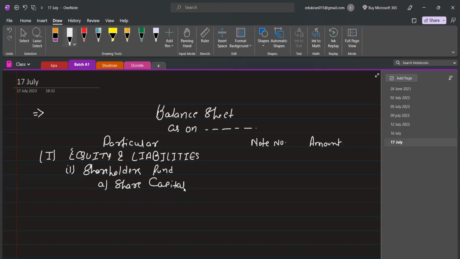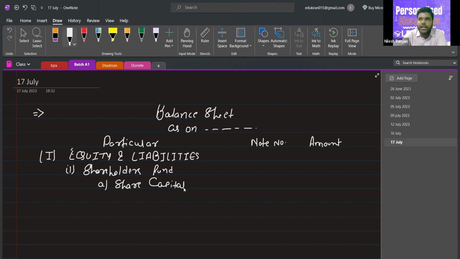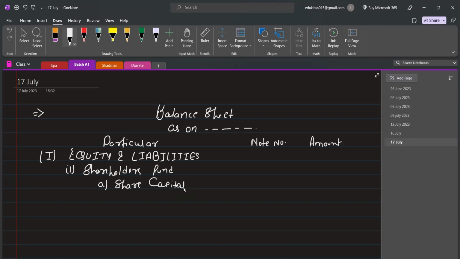So issued shares. No, actually we write the lower of these two. If issued is lower than subscribed, then we write issued, and if subscribed is lower than issued, then we take subscribed as our main number of shares. Okay, sir.